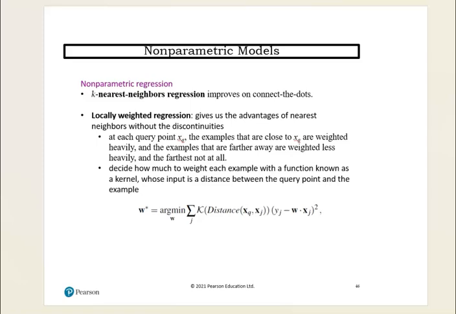Doing locally weighted regression with kernels then becomes straightforward, because for any query point xq, we solve the following weighted regression problem you can see here.